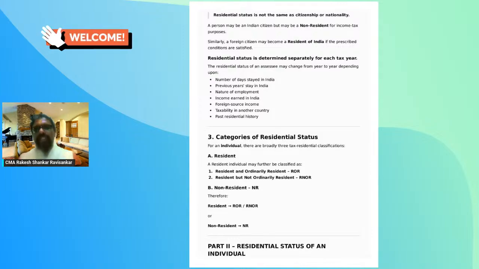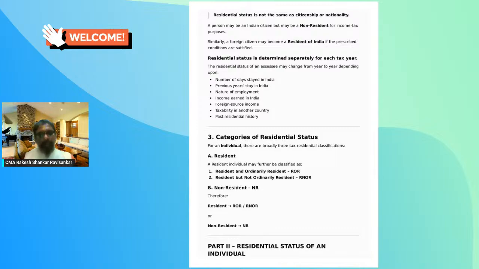So residential status is determined separately. The basic factors are the number of days stayed in India, the previous years' stay in India, the nature of employment, income earned in India, foreign source income, taxability in another country, and past residential history. These are the factors which determine the residential status of an individual.